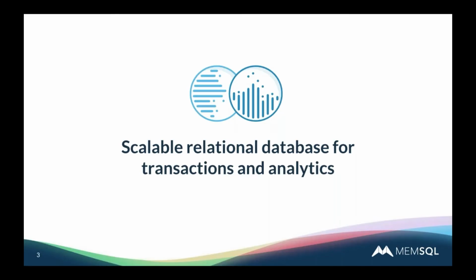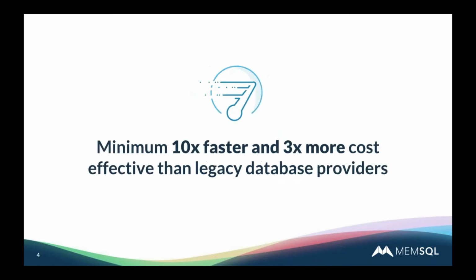So MemSQL is a scalable relational database system that supports both transactions and analytics. And at minimum, it's about 10 times faster and 3 times more cost effective than legacy database providers for similar applications and scale.